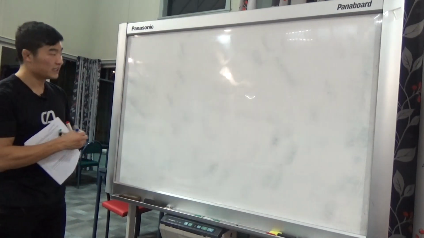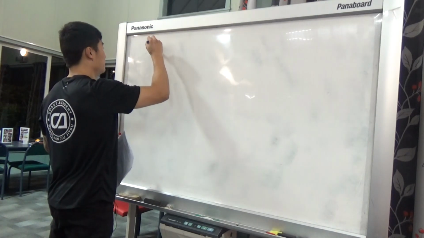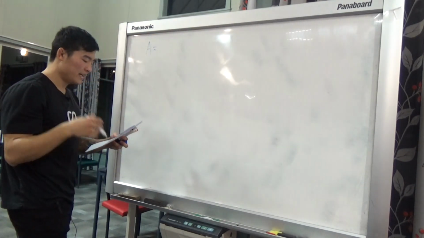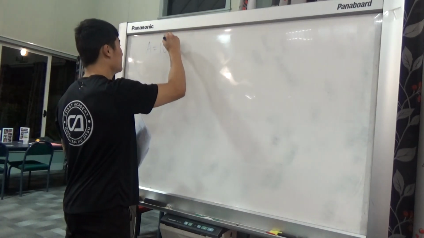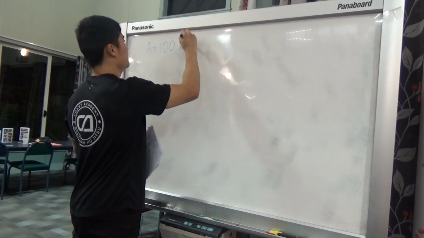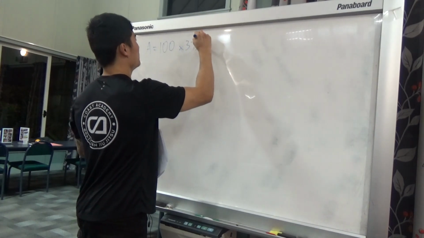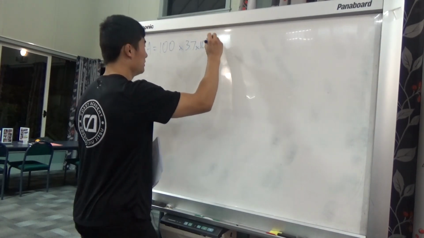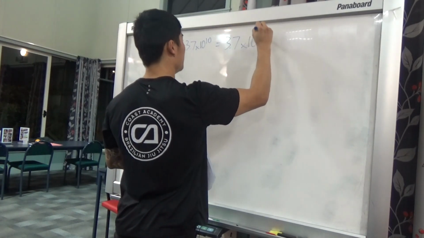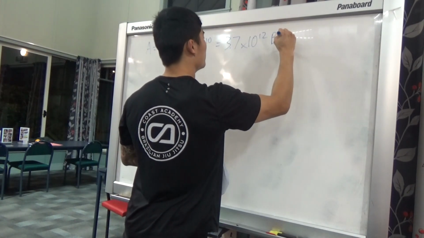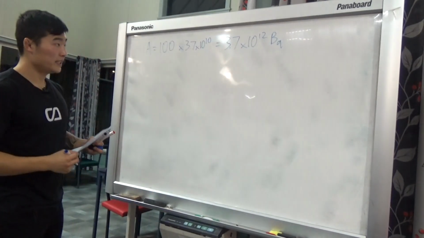You've got the initial activity, and we need to have that in the correct units. So it has to be becquerels. So 100 curies has to be turned into becquerels, which is 3.7 times 10 to the 12 becquerels. Okay, so that's your activity.